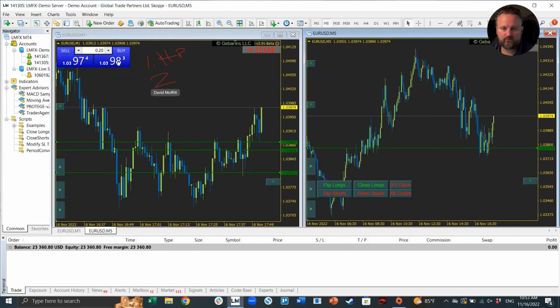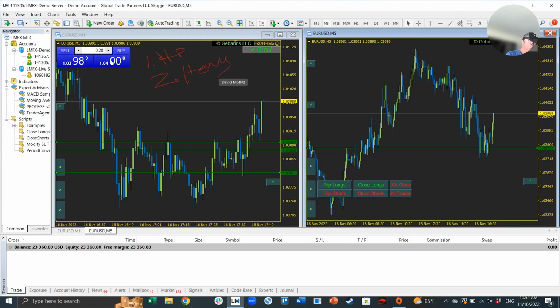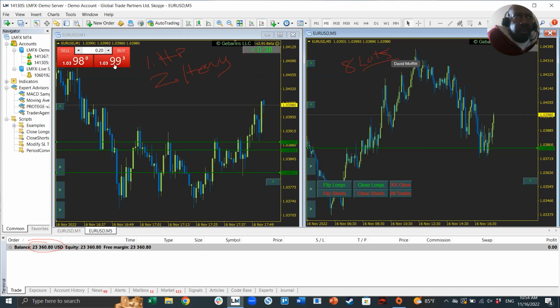Number two for you is when you're fixing your trades, you need to learn to go a little bit heavier. Because on your account right here, I would probably say you have 8 lots to trade with, but you're only putting on maybe one.